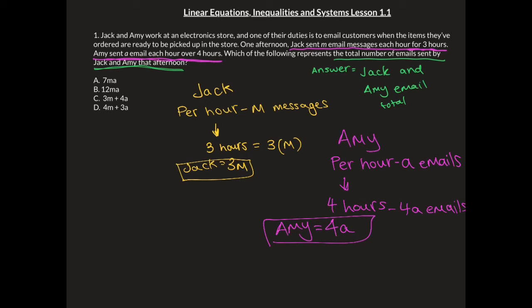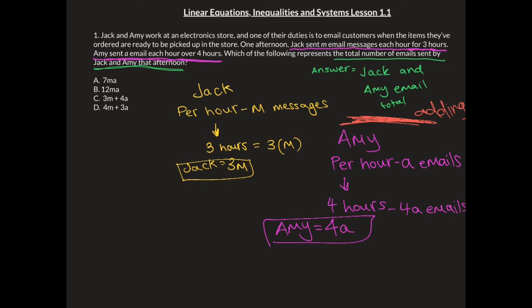And we've got Jack is equal to 3M and Amy equals 4A. And remember, when we go back here, I had written this previously, your answer is going to be Jack and Amy's email total. Which means that we have to add these two numbers together. But you can't add two numbers with different variables. You can't add 3M plus 4A. It wouldn't make sense.